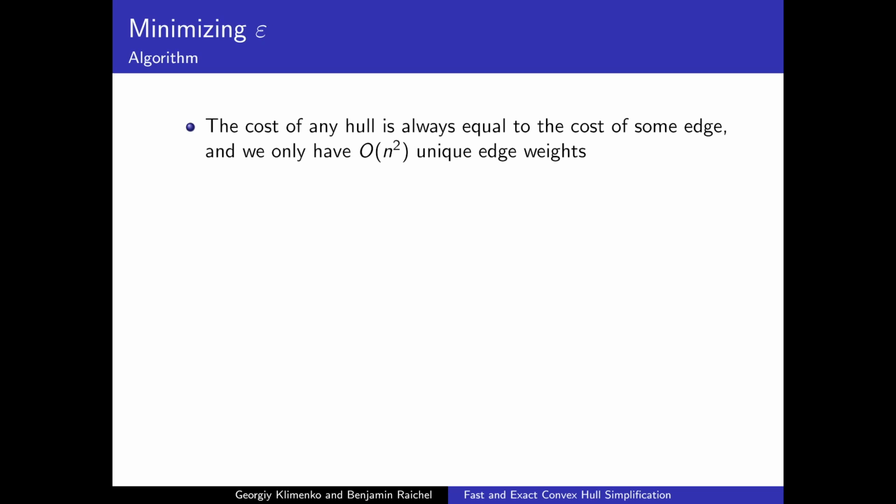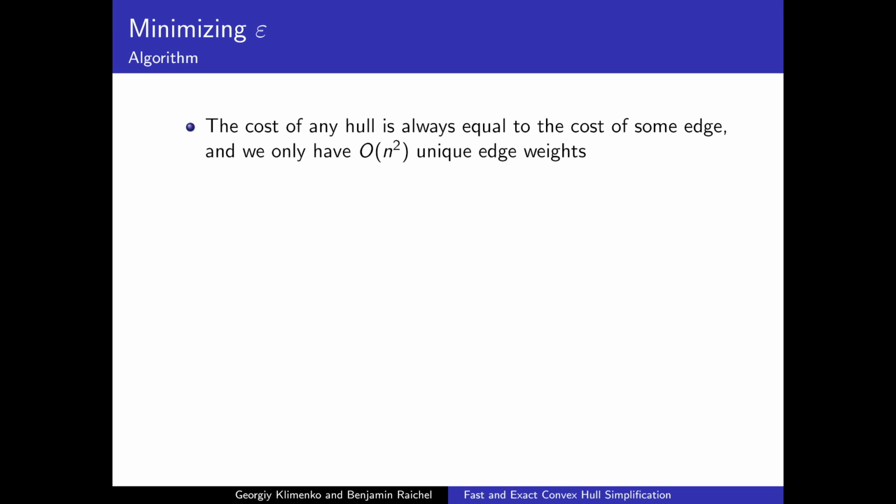To solve the min epsilon version of the problem for the general case, we use an approach similar to how we approached the min epsilon version for the convex case, because cost is also decomposable as the max of edge weight values. Since there are n squared different edge weight values, we end up having n squared different epsilon values.